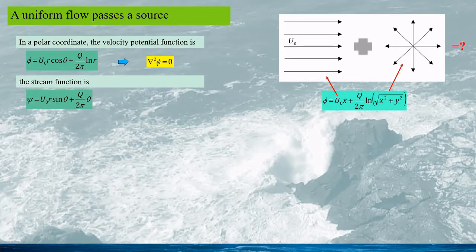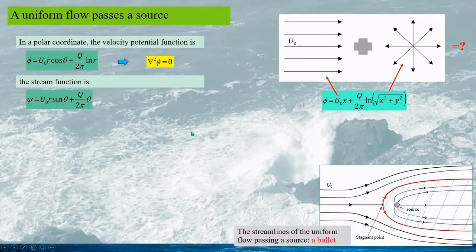Similarly, the stream function can be given as this, and if we draw the stream function of uniform flow passing a source, it can be seen that there is a bullet-shaped structure marked by the red line here.